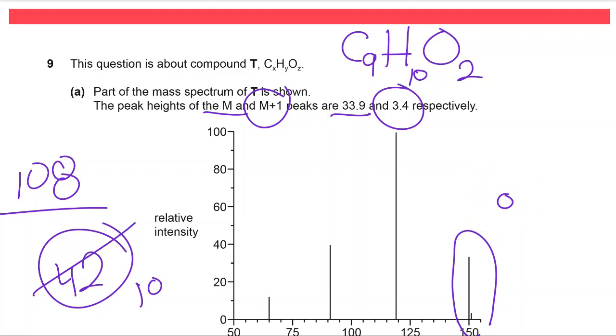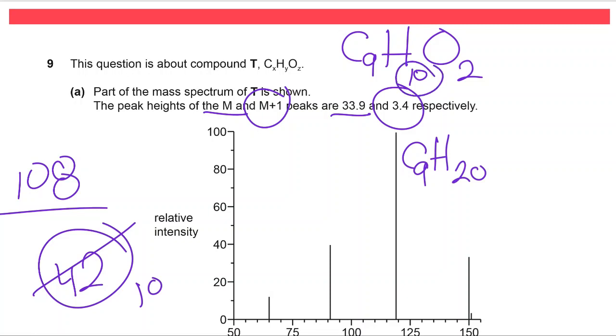You have C9. If it were a saturated alkane, the number of hydrogens would be C9H20. But actually how many hydrogens do you have? 10. That means you subtract 10 hydrogens from 20.